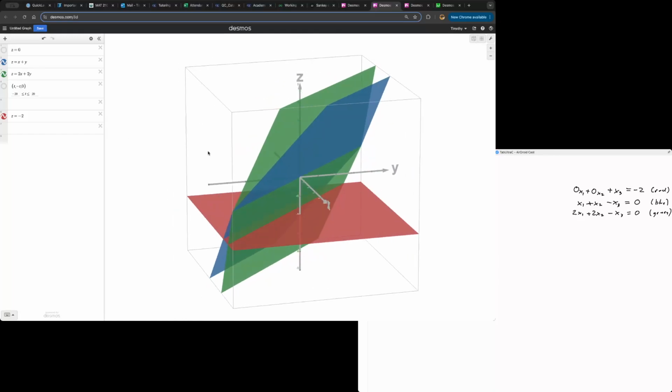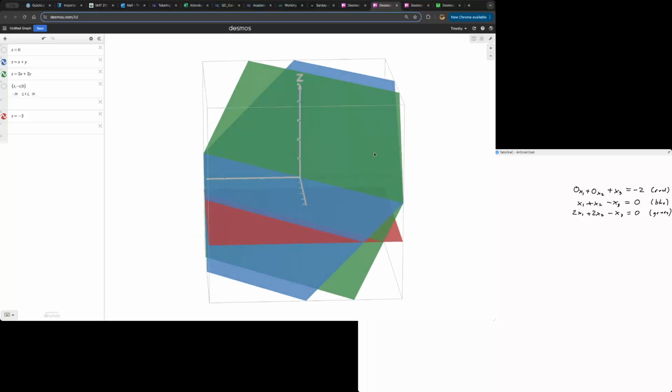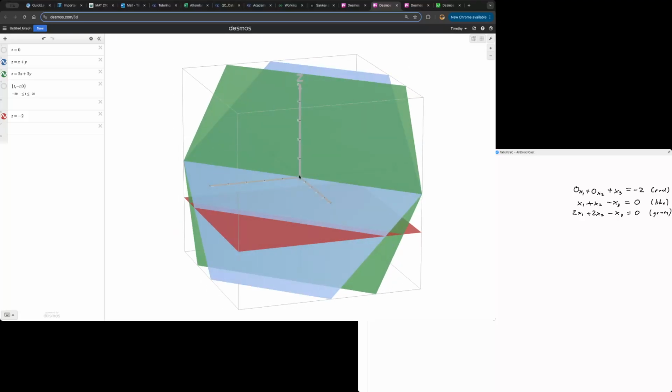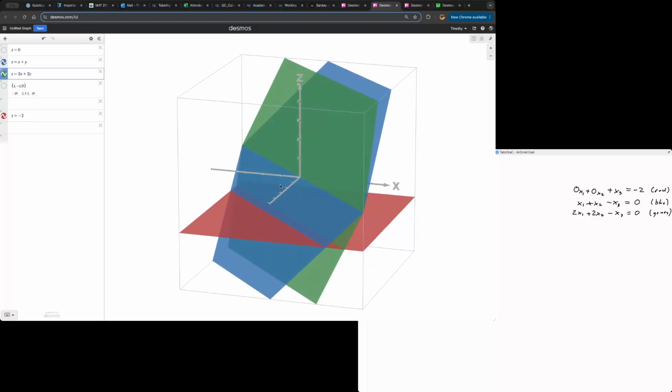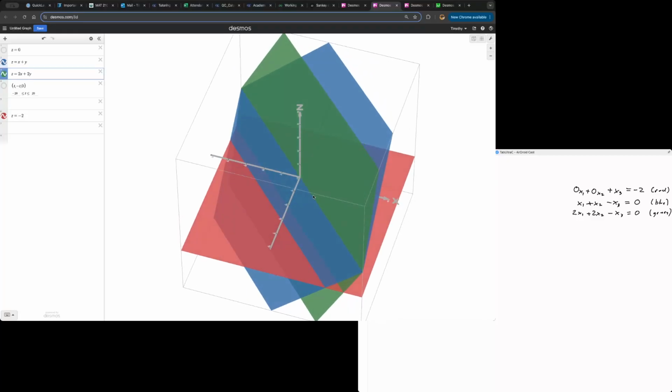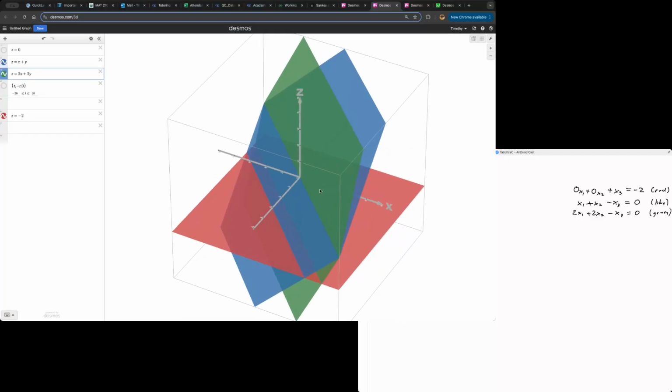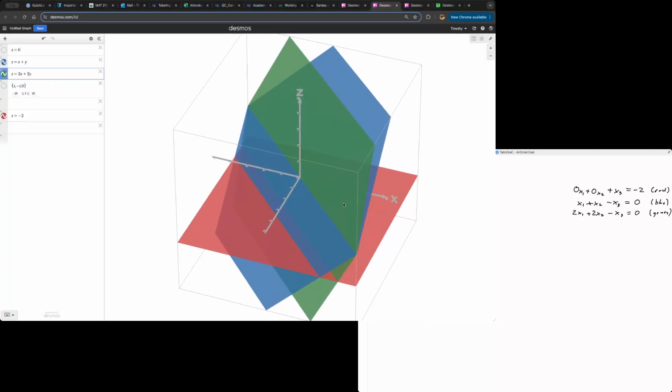And notice, since we're dealing with 3 equations, when I graph this, the software I've got requires me to write it in terms of x, y, and z and solve for z. So these equations don't look the same, but they are the same. And what I get is each equation in 3 dimensions represents a plane.